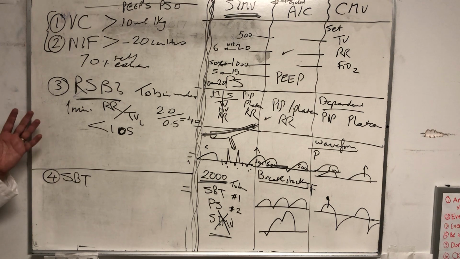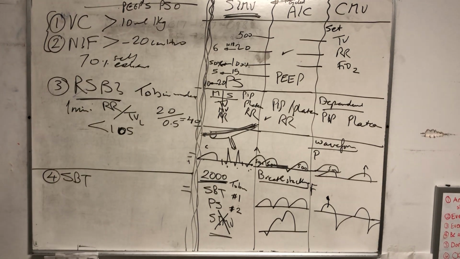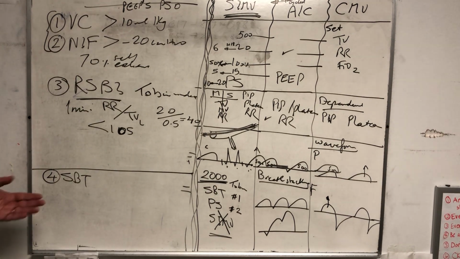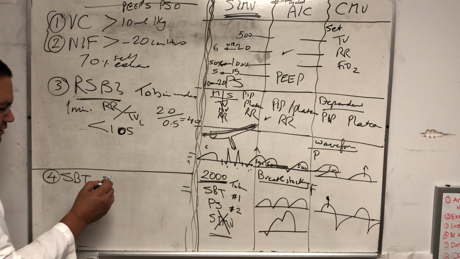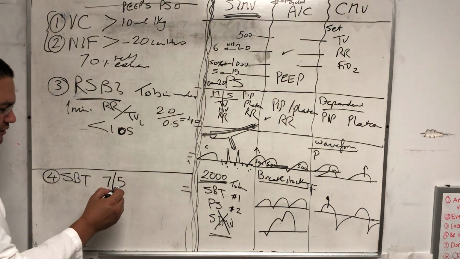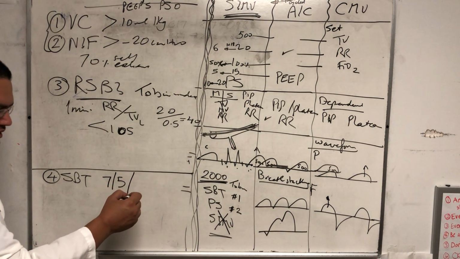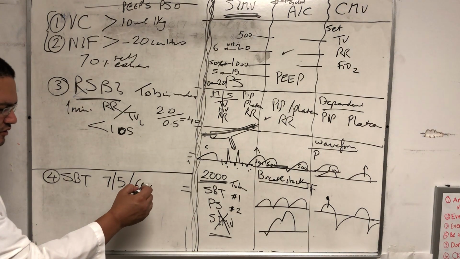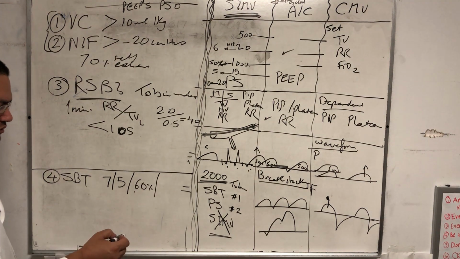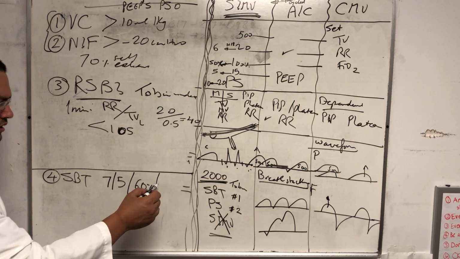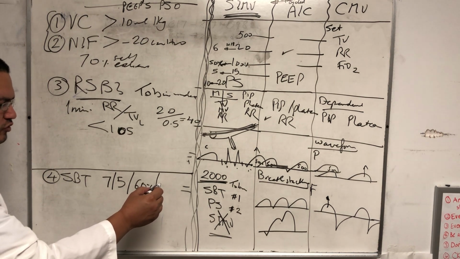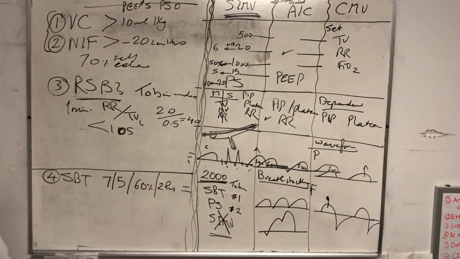It was a small study, but it makes sense, because the SBT is basically trying to simulate exactly what the patient is going to be dealing with. And the SBT is like this: 7/5. He put 40% in his study. I'm putting 60%. I'll tell you the reason when you get a little older. And then for 2 hours. Okay?